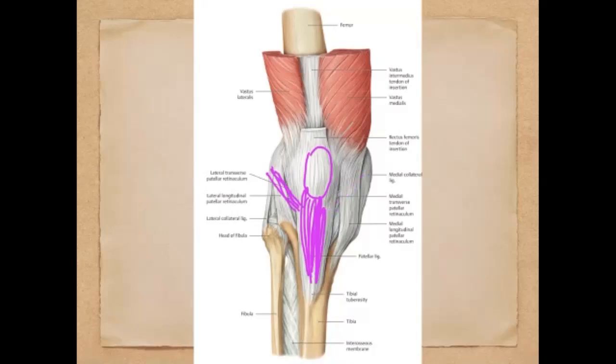Within the retinacula there is also some distinction, transverse and longitudinal. This is the lateral longitudinal patellar retinaculum, and deeply there is the transverse patellar retinaculum. You have to observe that both medial and lateral, transverse and longitudinal patellar retinacula are there.